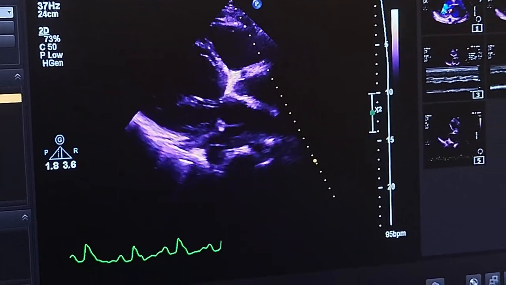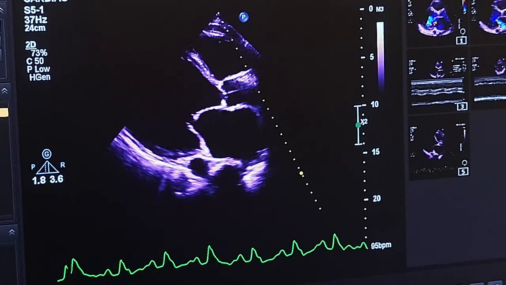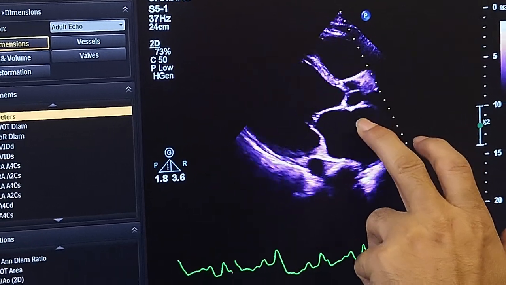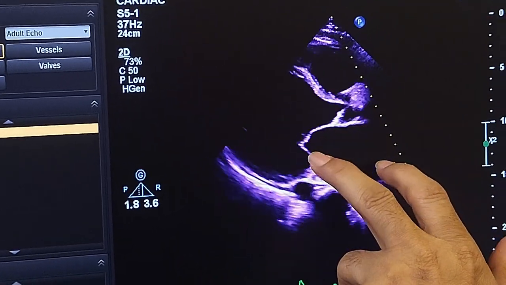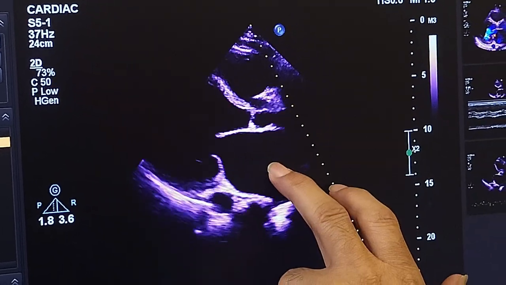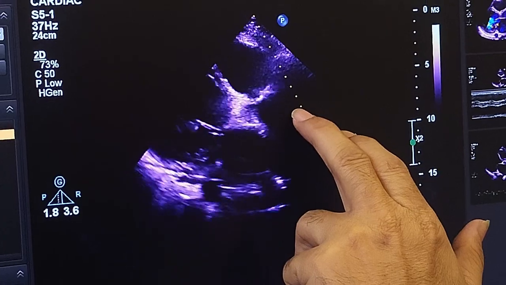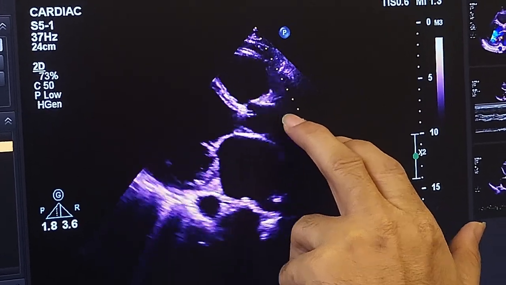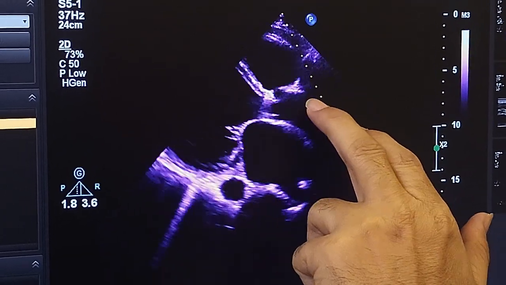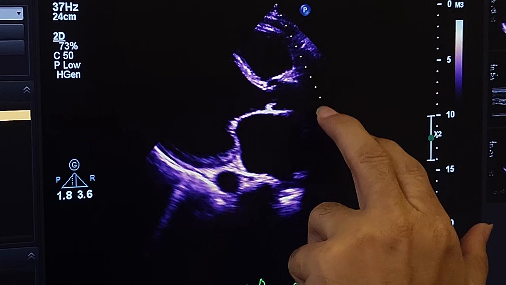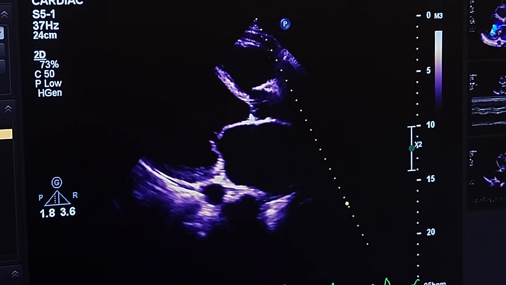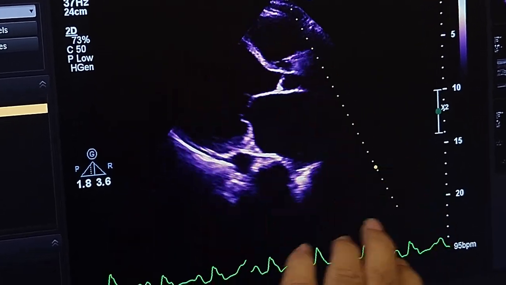And here, in the left parasternal long axis view, which structures can we identify? The left atrium and the mitral valve, AML, PML, and the aortic valve with two cusps, and also the proximal part of the aorta, annulus, and there is a sinotubular junction and the proximal part of the root of the ascending aorta, and there is the LVOT dimension, interventricular septum, LV.